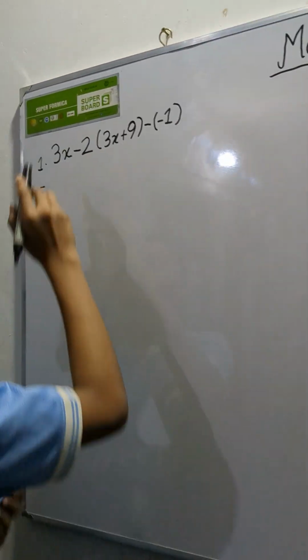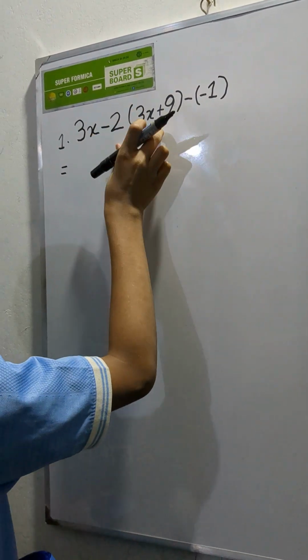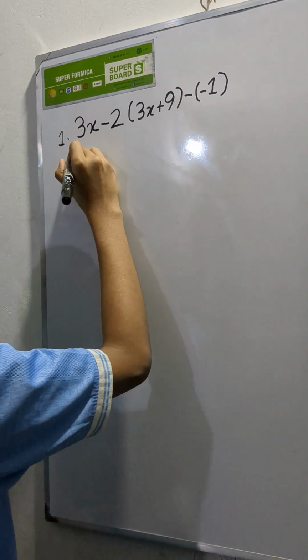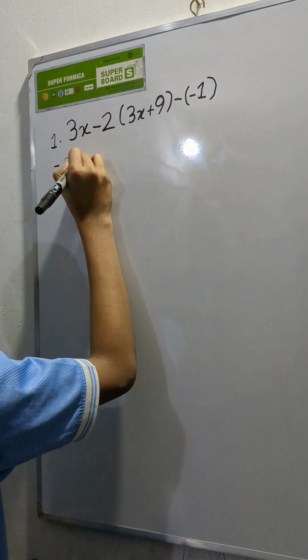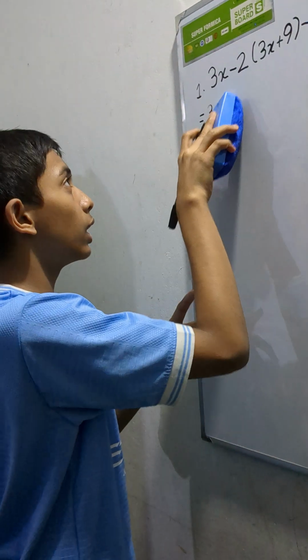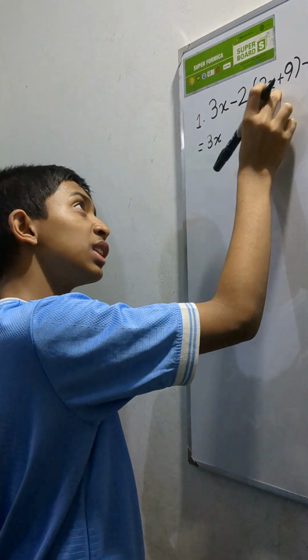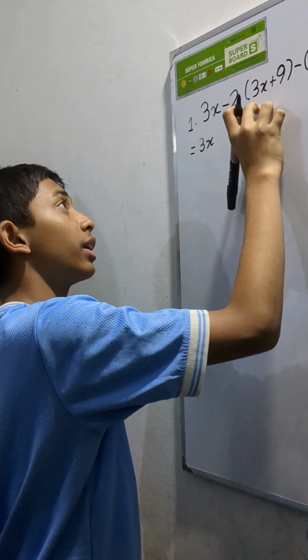So as we know, we should work inside the bracket, so we will just write this number like this: 3x minus 2. No, not minus 2, sorry. Okay, we know that, as I told you, we can't do anything inside the bracket.